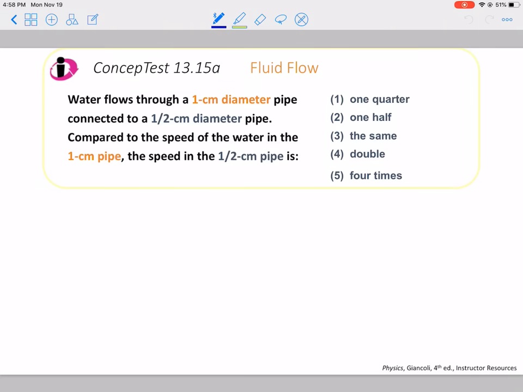Which brings us to the remaining part of the chapter. Water flows through a 1 centimeter diameter pipe and is connected to a 1/2 centimeter diameter pipe. Compare the speeds in these two. You could use the continuity equation for that. Keep in mind that the area in both of these cases is going to be pi r squared if we're assuming a circular cross section for the pipe.